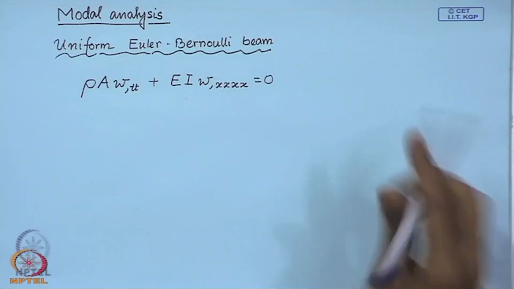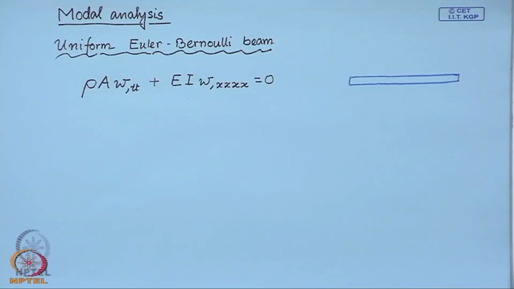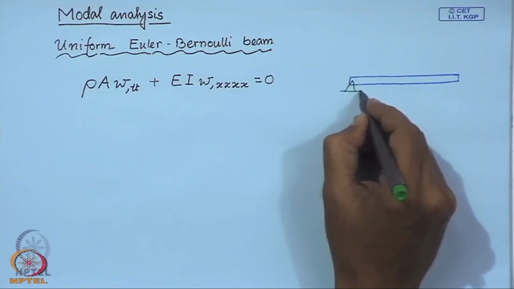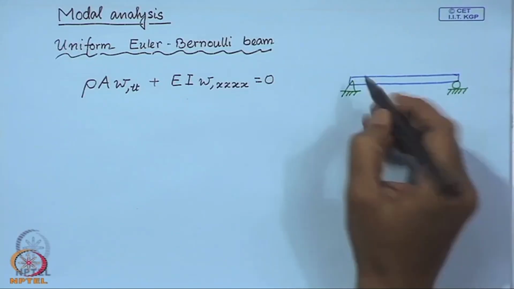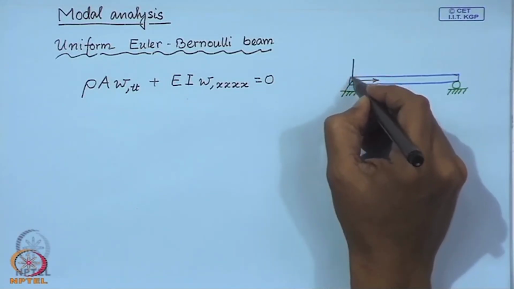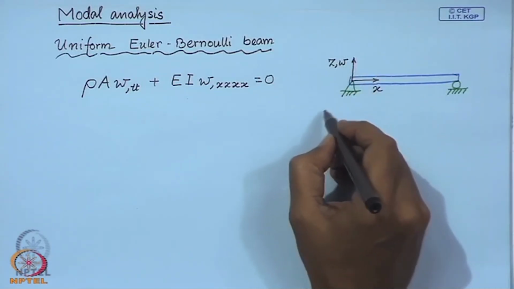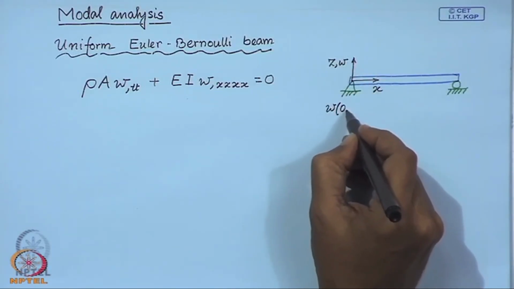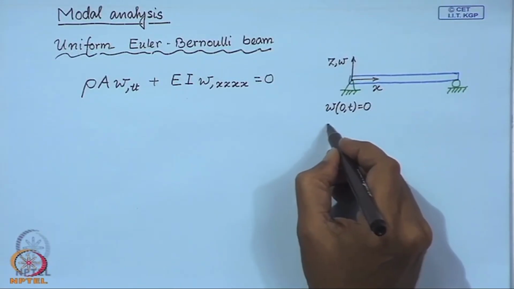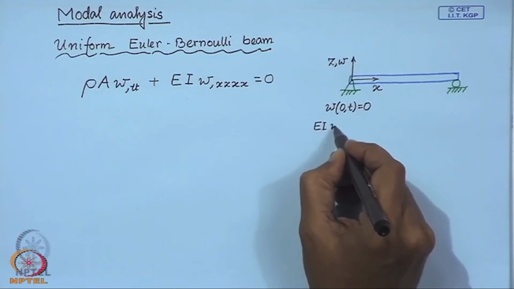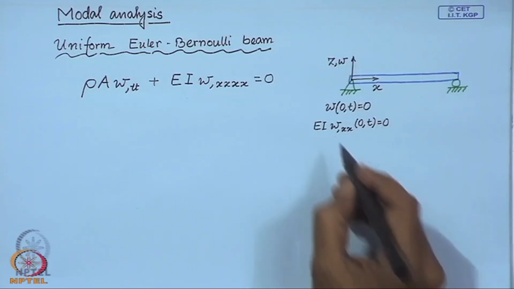So, suppose we consider a simply supported Euler-Bernoulli beam, then the boundary conditions are: this is the displacement equal to 0 condition, this is the bending moment equal to 0 condition.